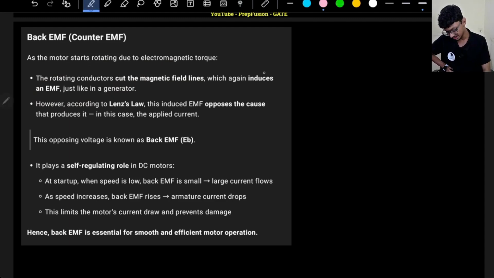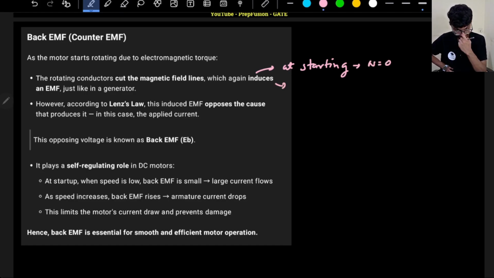So basically at starting, what is happening? Initially the machine is in off state, so my N will be 0. If N is 0, that means my induced EMF, the back EMF, will be 0. That means Ia will be very high, right?